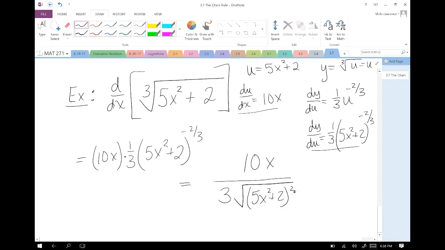That's probably the nicest way we could write it. So it's in the bottom because of the negative power. It's in a cubed root because of the 3 in the denominator of the exponent. And it has a square on it because of the 2 in the numerator of the exponent.